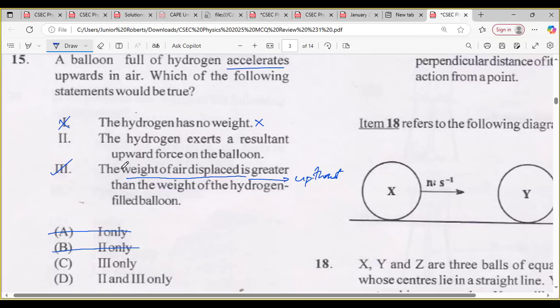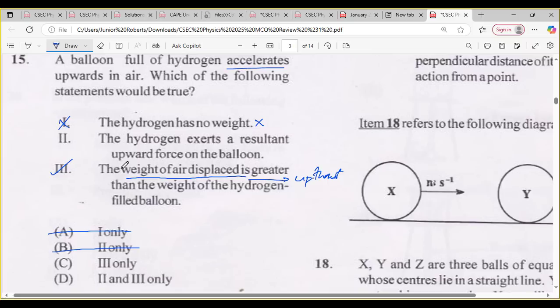Now, what you have to recognize in a case like this is that while the hydrogen gas is light, so we expect it to float compared to the surrounding fluid, which would be air, it is not a case that because hydrogen gas is light, it can actually apply upward force. The reason why there's an upward force on the hydrogen-filled balloon is due to the upthrust of the surrounding air.